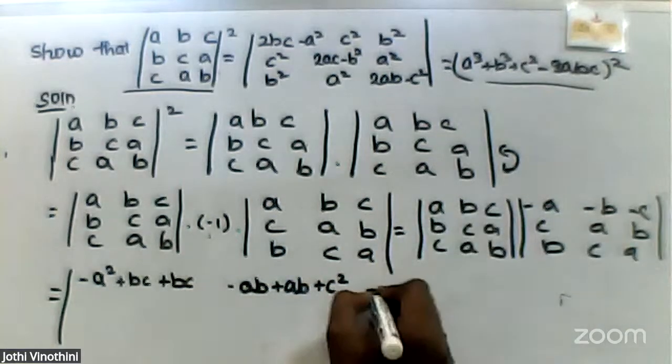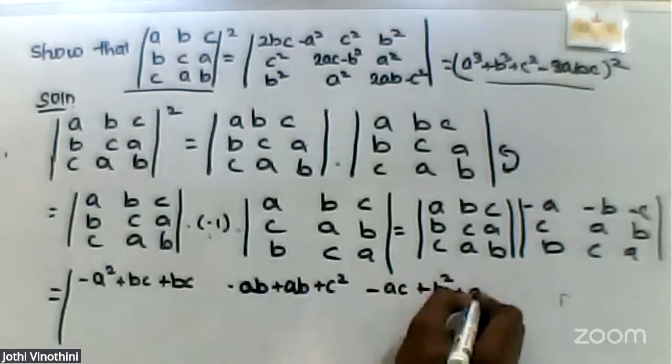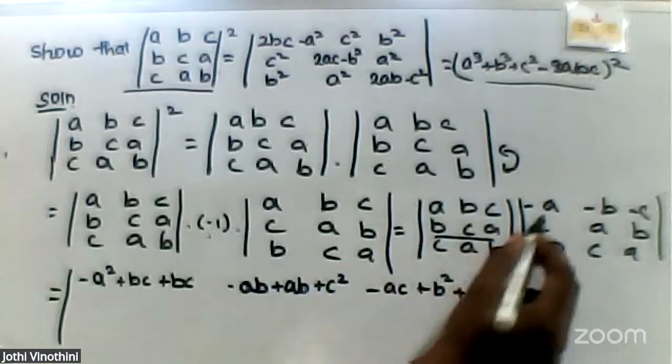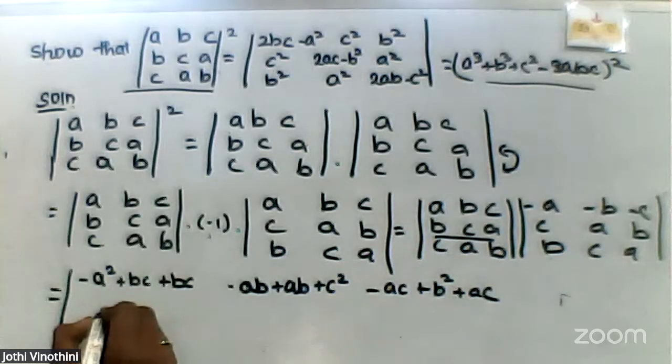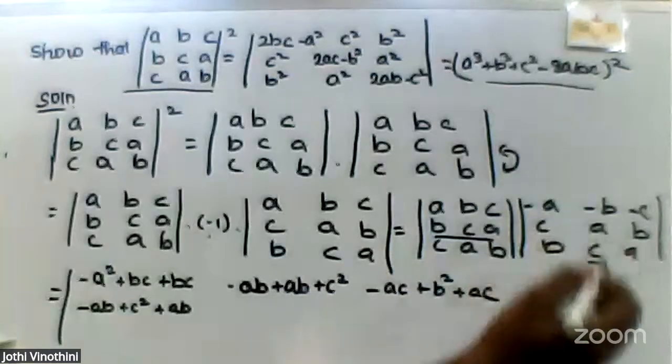Here in the last term, minus AC plus B squared and plus AC. So I'll do the second row with this one. So minus AB plus C squared plus AB. And now row 2 with column 2.